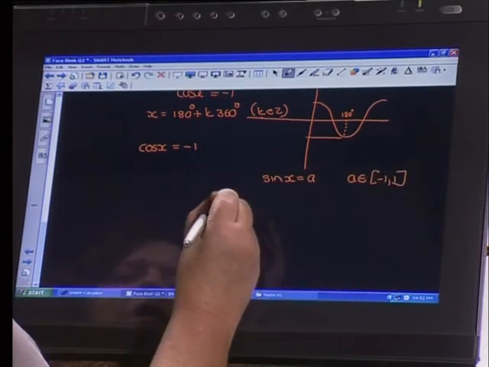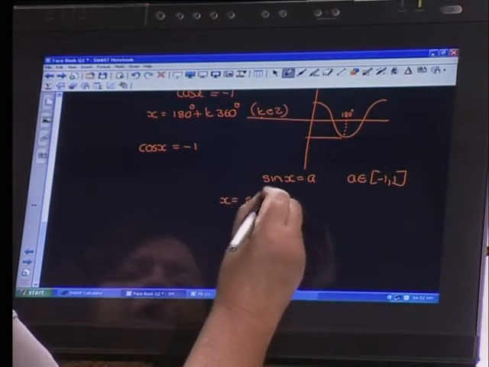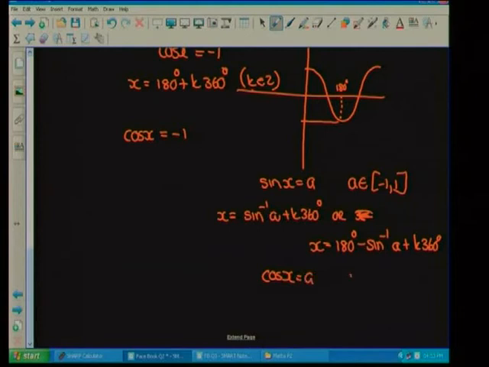And then I know that x can be found using our shift button for sine a plus k 360, or x is equal to, and I think I should have put it down here rather for space, x is equal to 180 minus shift sine a plus k 360. Okay, and then for cos, same story again. My a must be an element of minus 1 to 1.